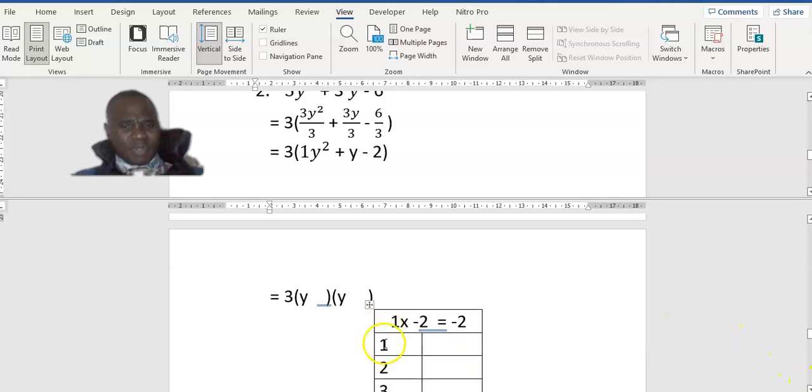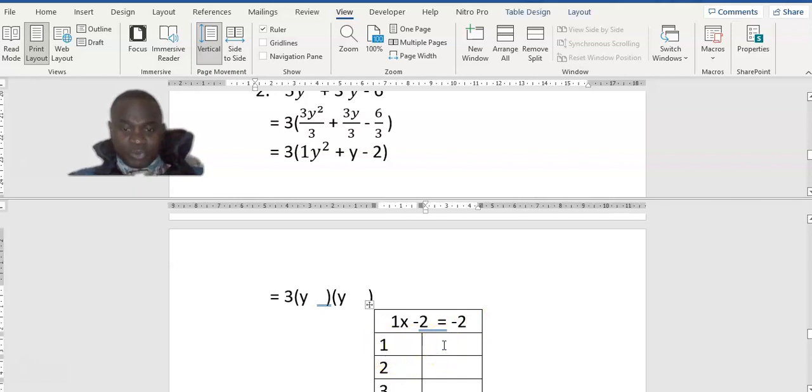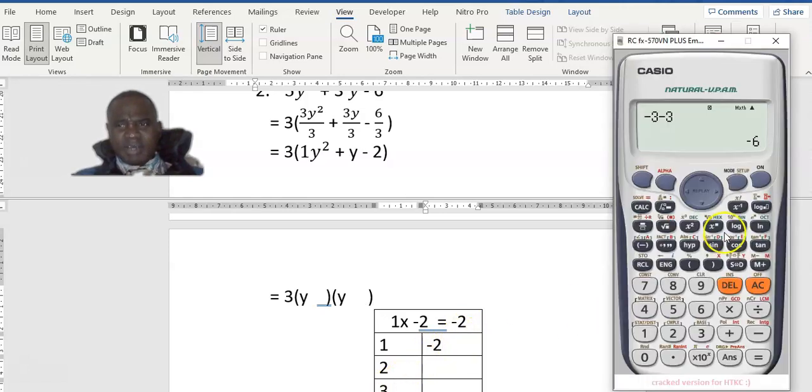So let's start with 1. 1 times what number will give you -2? If I use plus, it's going to be -2, because 1 times -2 is going to give you -2. Let's check on our calculator. 1 times -2 gives us -2.